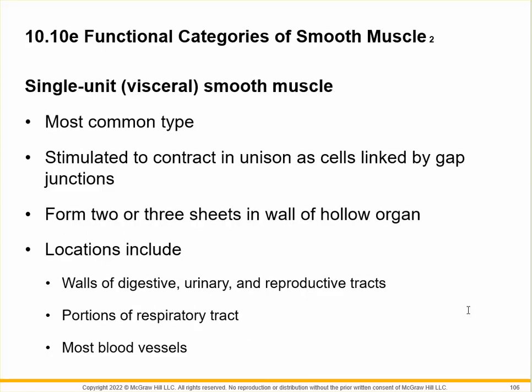The vast majority of smooth muscle is single unit, and that's where all of the smooth muscle cells contract together as a single unit. So these are the walls of your digestive system, your urinary tract, your bladder, in the walls of your blood vessels, etc. Most of it is single unit.